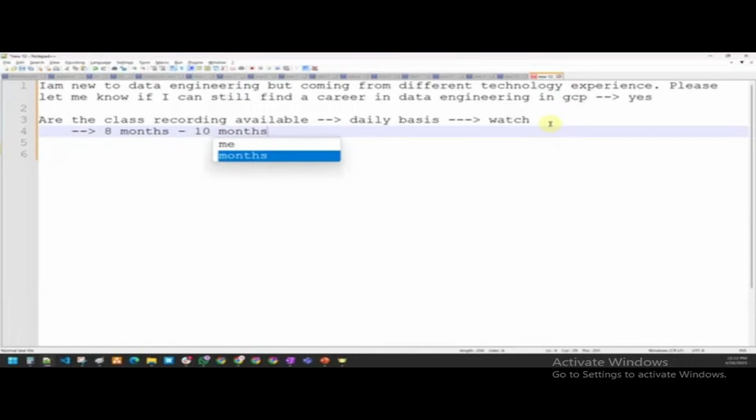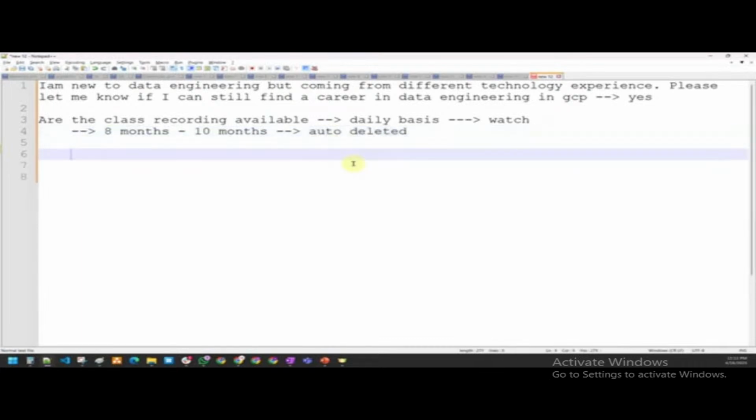If you ask whether the course from the last 6 months is the same as this 6 months, no, I might have made a lot of changes. So the course content and topics will always change. That's the reason we provide the class recordings for 8 to 10 months. After that, these recordings are auto deleted. The duration is 8 to 10 months. If you are lucky, you'll get 1 year also.